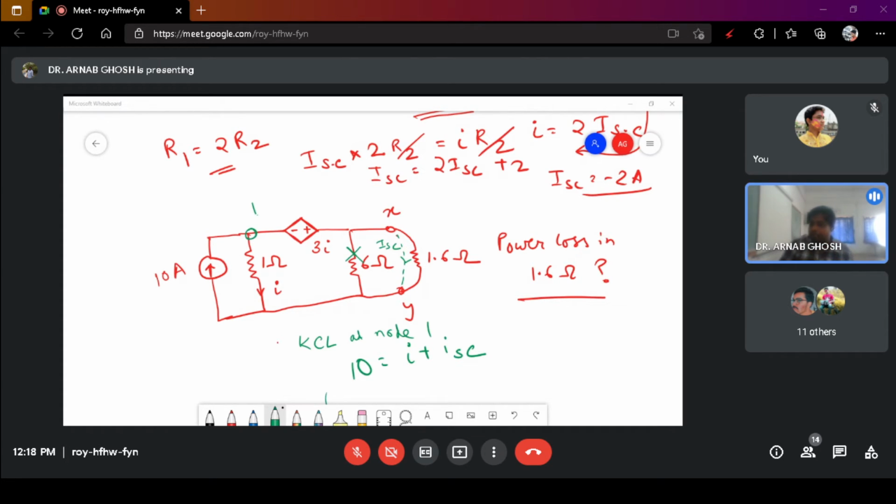You have to calculate the open circuit voltage. Please try this on your own, or else I will help you out. Don't worry, first try on your own. Sir, internal resistance 1.3.